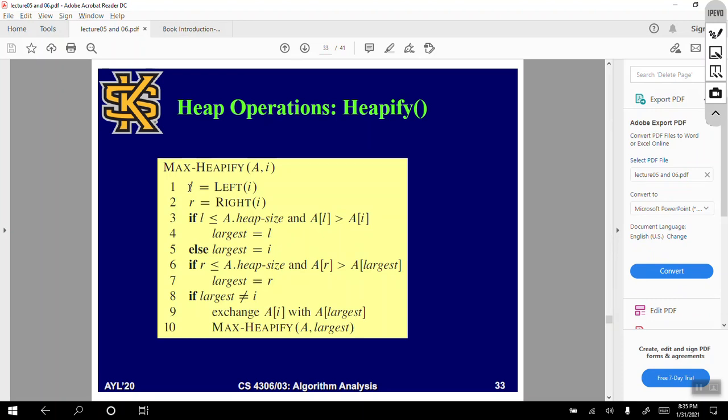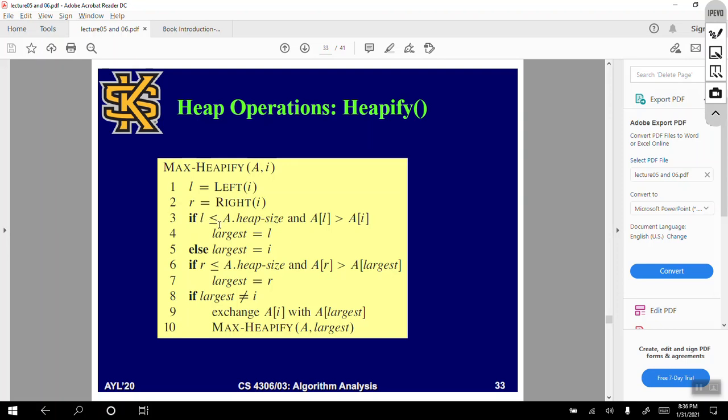So what does it say? Max Heapify is a method, and we will see that it is a recursive method: it will call itself. It takes two arguments, an array and an index i. Initially let L equal the left child of index i, and R the right child.